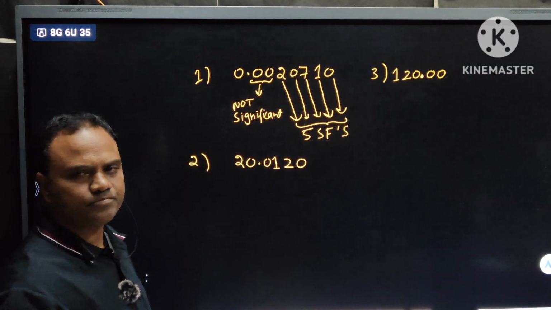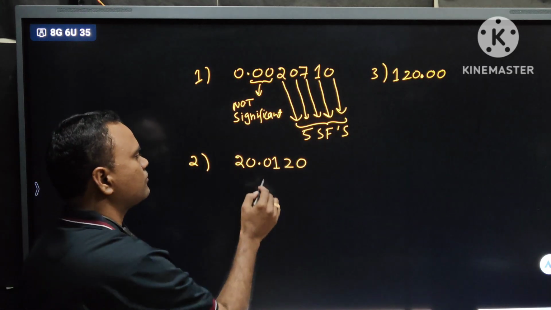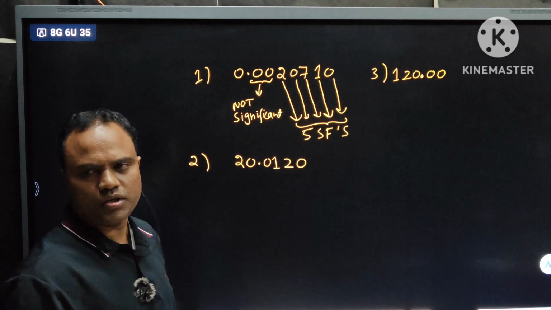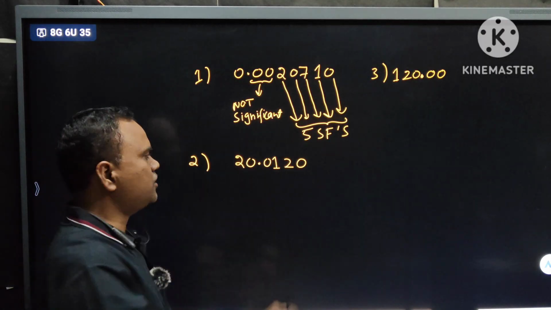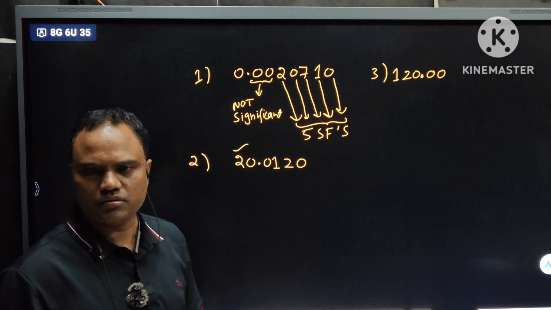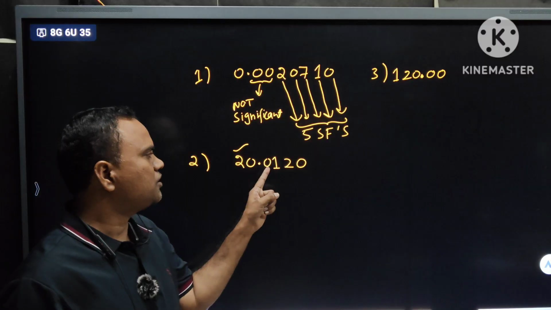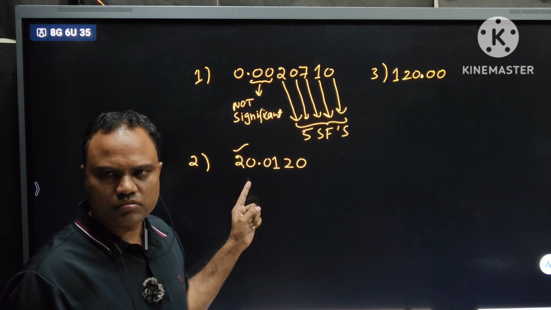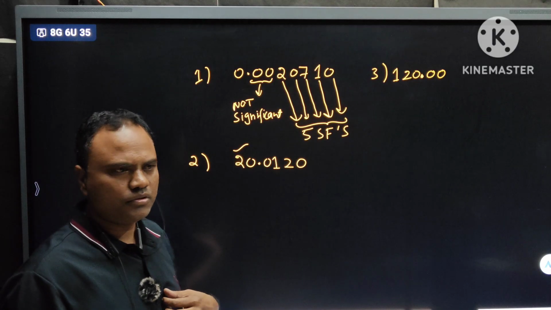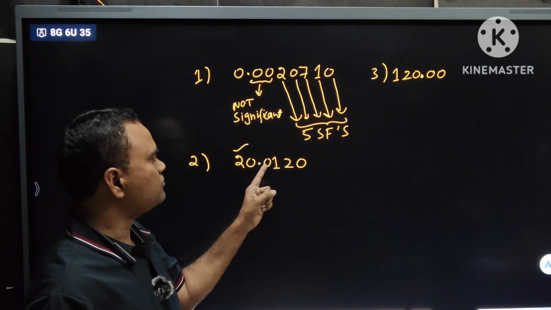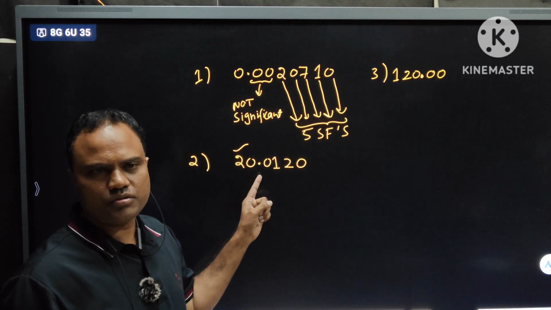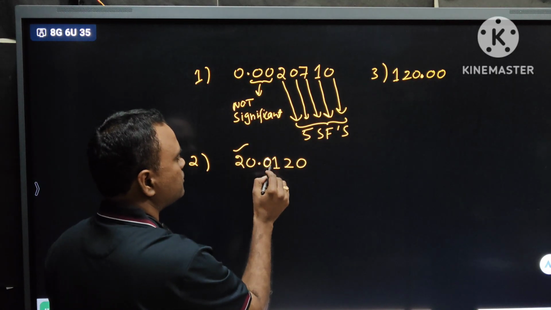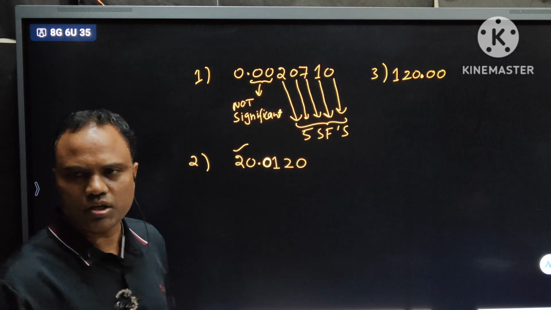Next, this one. This is significant. This is not starting; before that, one number is there or not? What about this 0? See, this 0 is not a starting 0.